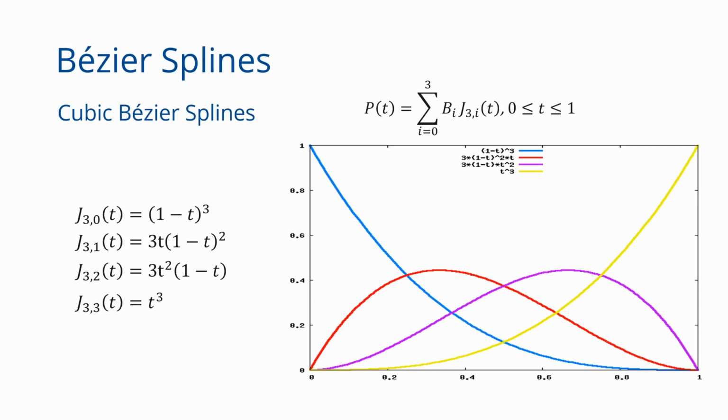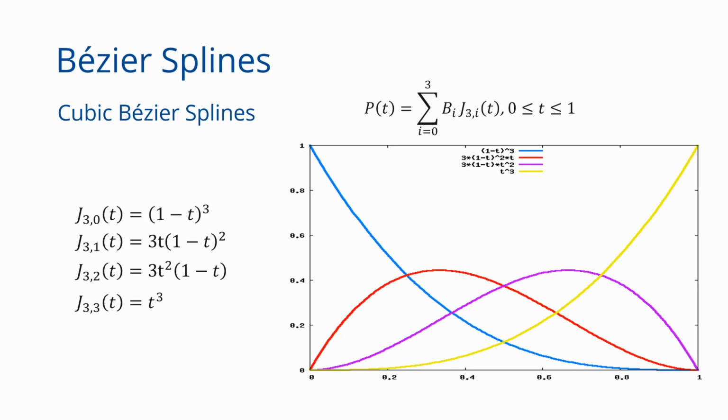If we take a particular degree of the Bezier spline, so we say that we are interested in cubic Bezier spline, immediately it should be obvious to you that it will have 4 control points. So the degree of the Bezier spline is equal to the number of control points minus 1.